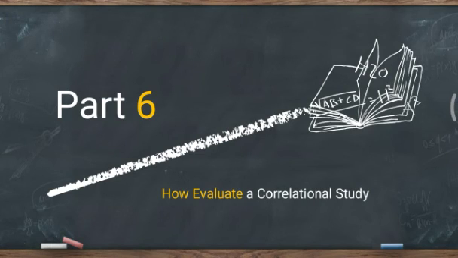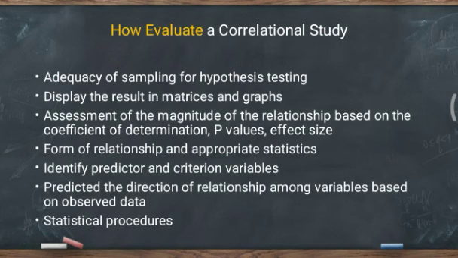And I think this is the last part. It's about how to evaluate a correlational study. There are 7 evaluation points. The first one, adequacy of sampling for hypothesis testing. And the second, display the results in matrices and graphs.